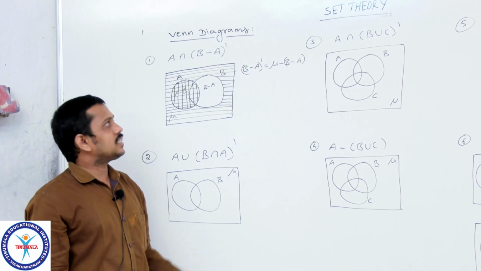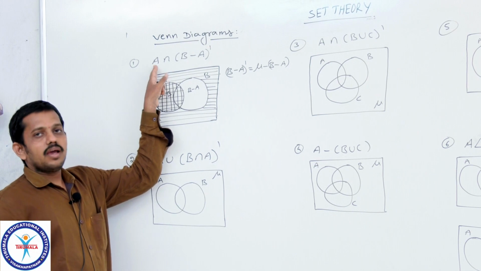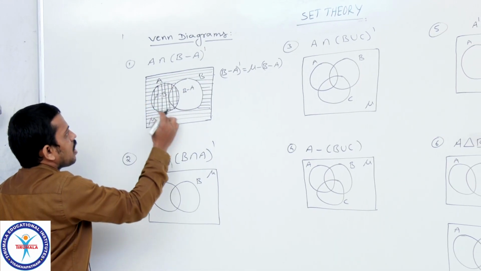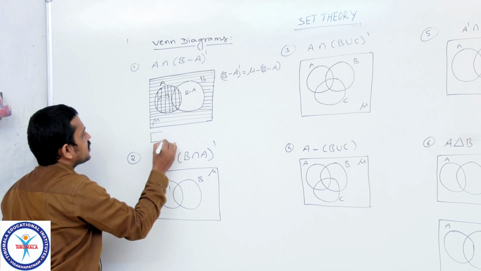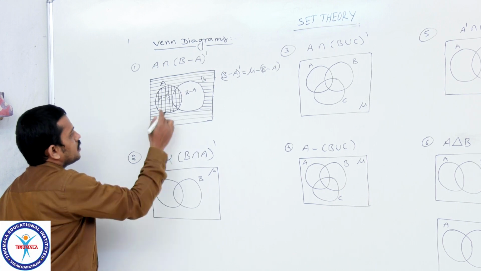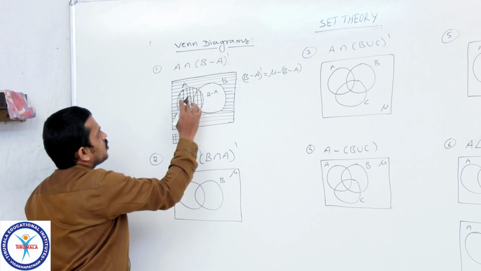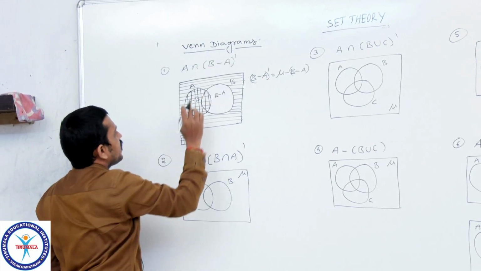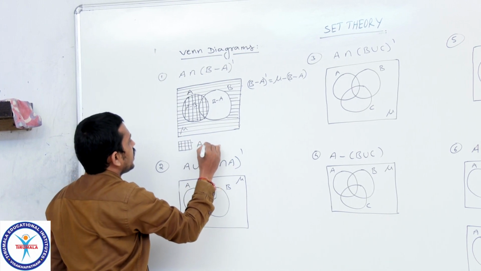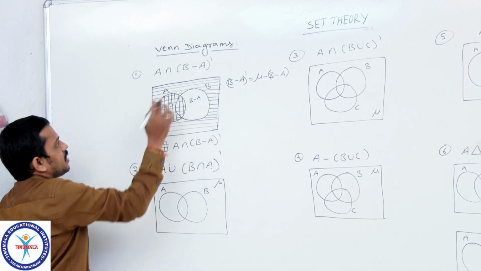Now, we need to consider the region which is common to set A and (B minus A) whole complement. So, here what is the region which is common? The double lines region. This double lines region is common to both (B minus A) complement and A. So, this is A intersection (B minus A) complement, the required region.